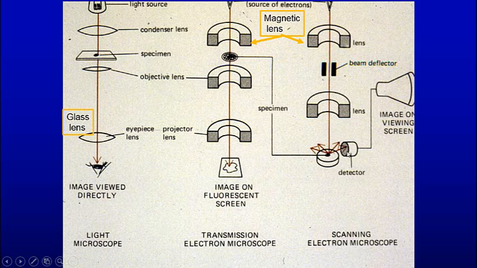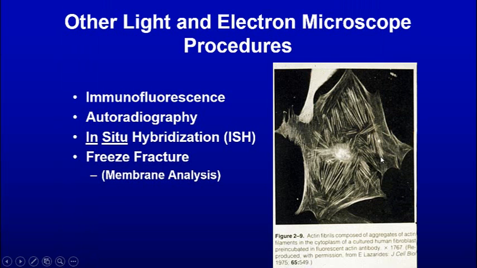It's the second one that is going to expose to a detector, and the detector will feed that back on some kind of cathode ray tube. So you see it in different places. You can see it with the eye or film, you can see it with a fluorescent screen, or you can see it on a television tube.